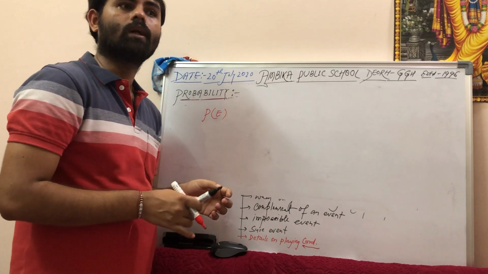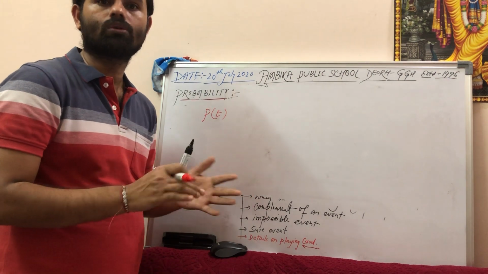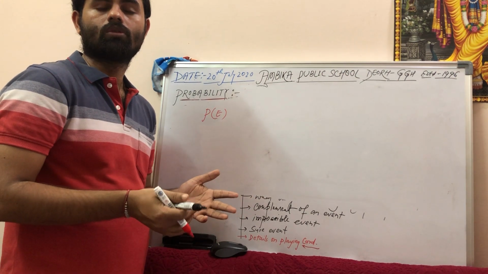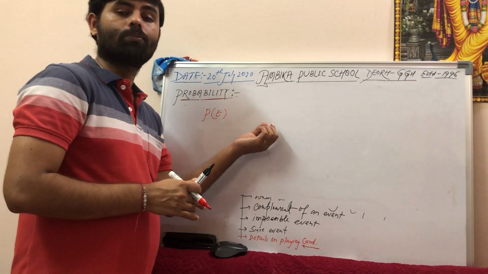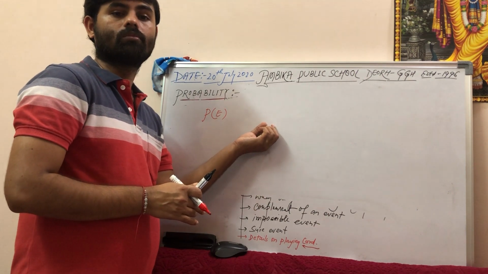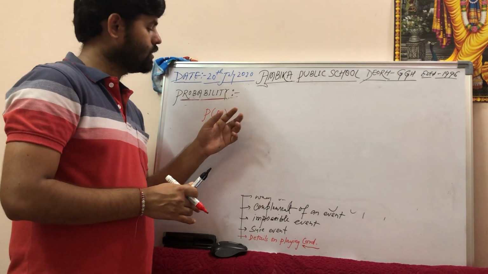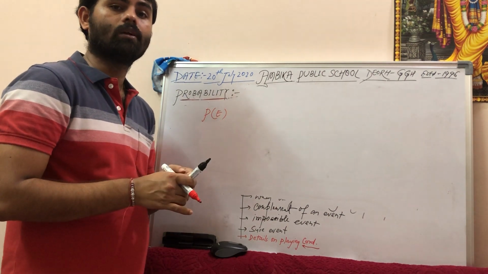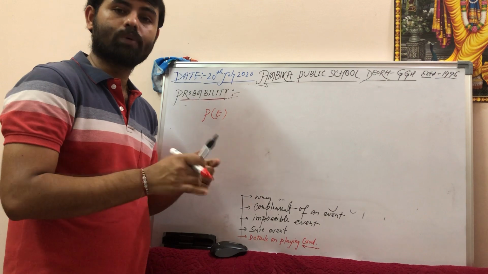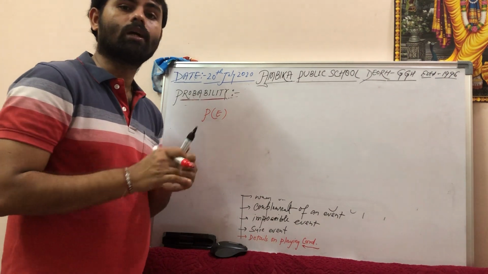I know that something is done, but I do not know the outcome. When you have to find the probability of these expected outcomes, that is called theoretical probability.